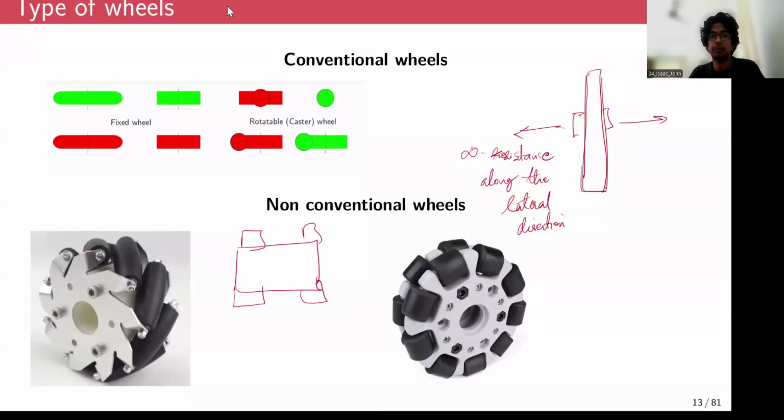Yeah, sorry about that. So as I was saying, in the case of a conventional wheeled mobile robot, the conventional wheels are unable to slide back and forth, because they provide very high resistance along the lateral direction.